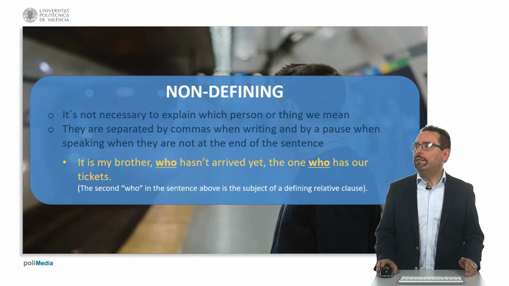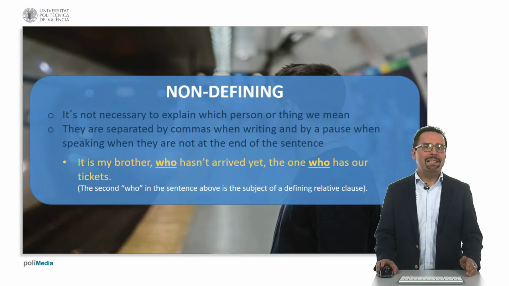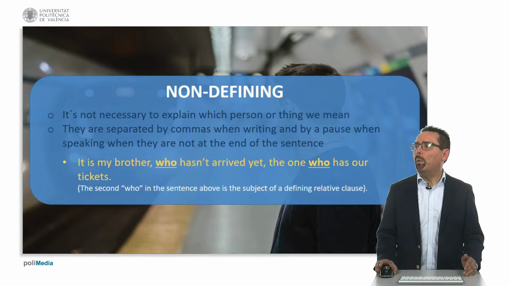Non-defining relative clauses are not strictly necessary to explain or to identify which person or thing we're talking about. They are separated normally by commas, or by a pause if we are talking in oral discourse, when they are not at the end of the sentence.